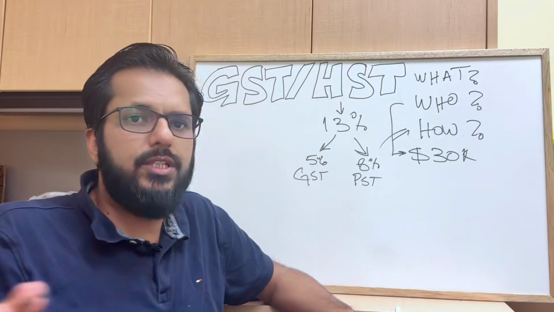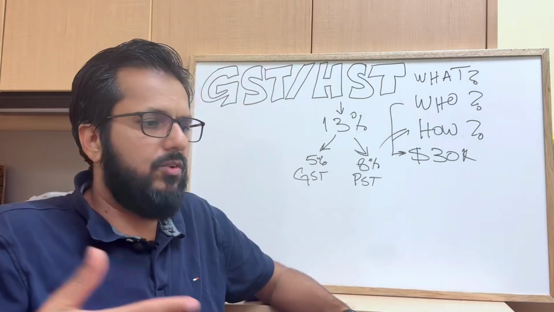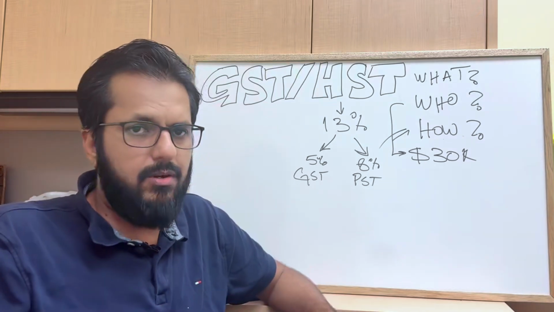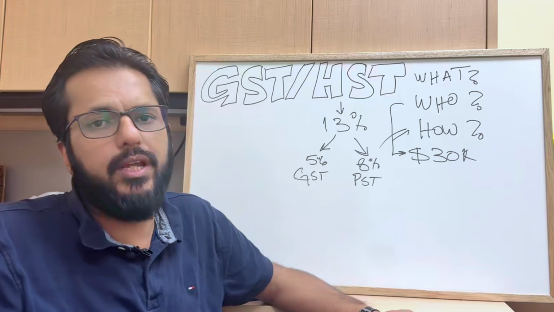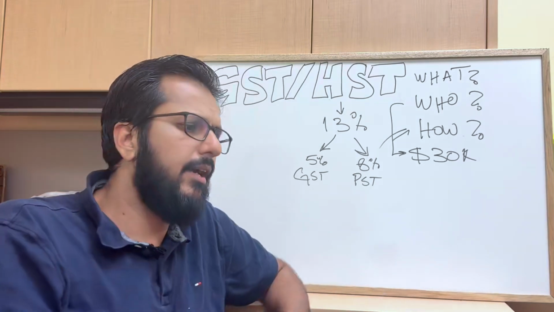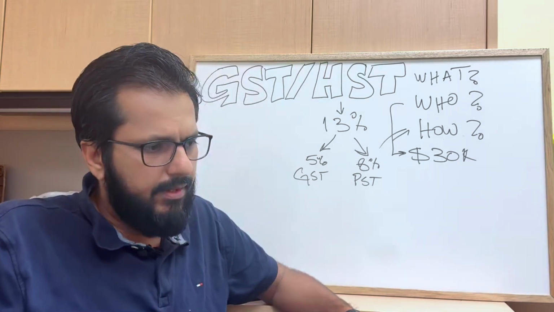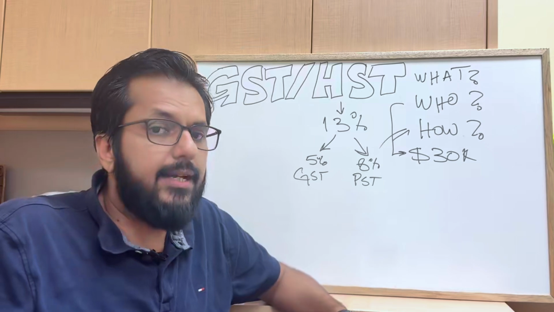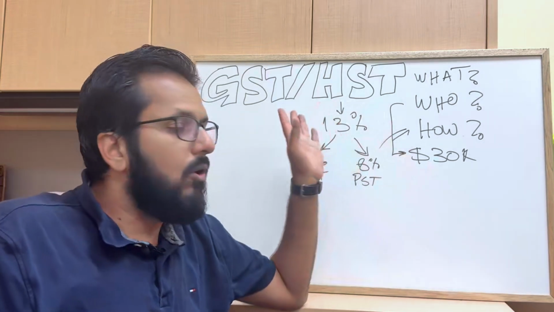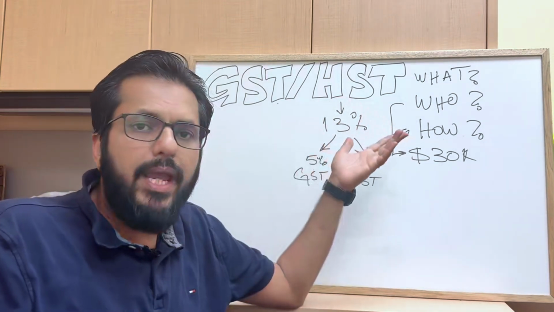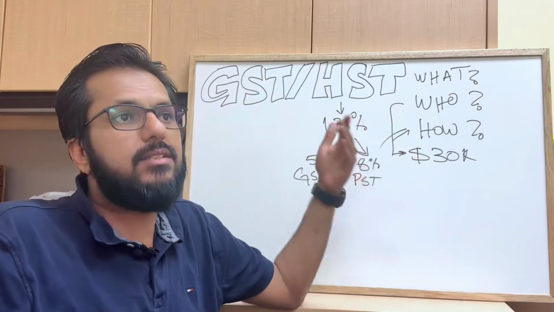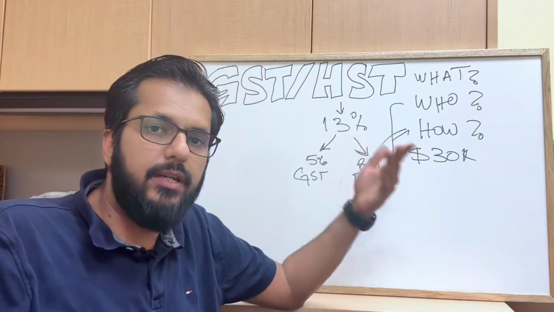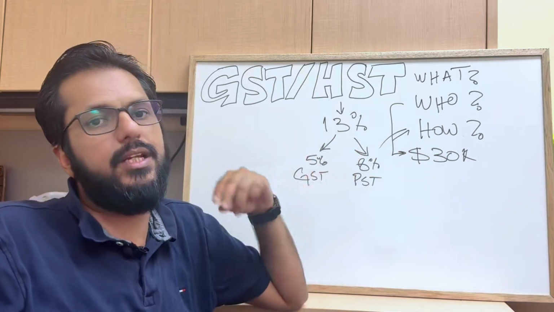They're gonna ask you certain information. Okay, what's your revenue gonna be? You can tell them it's going to be more than 30,000, or I'm doing it voluntarily, whatever the reason is, and also what's the frequency of filing and all that. I'm gonna talk about that. So basically, there's mainly two ways: you can do it online, and you can make a call to CRA and get this thing done instantly.